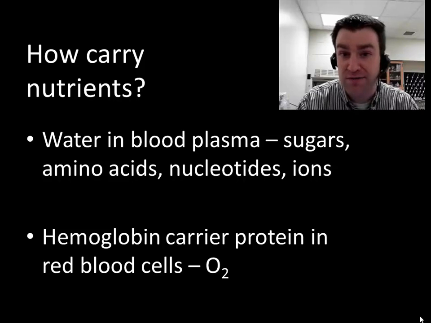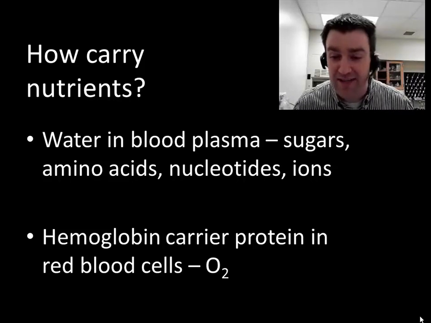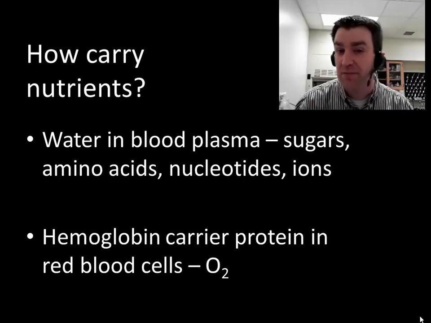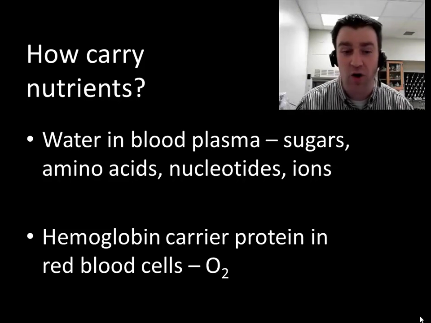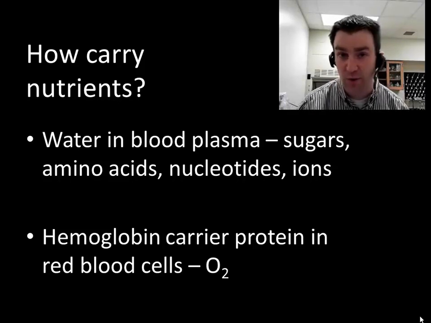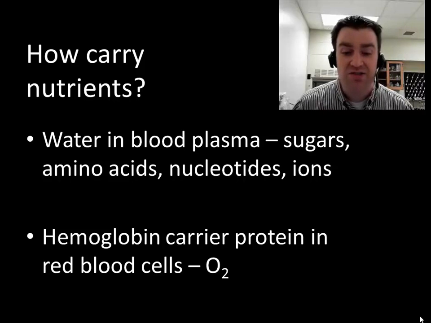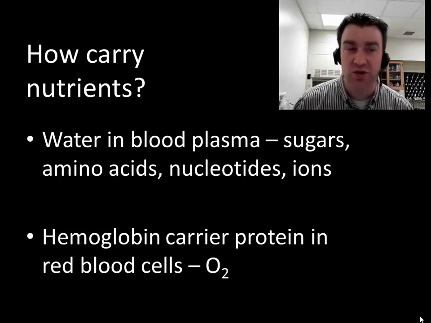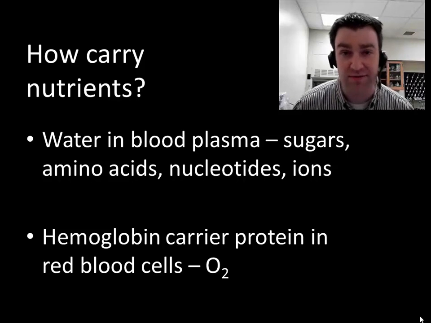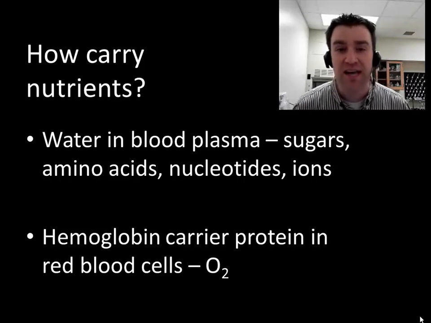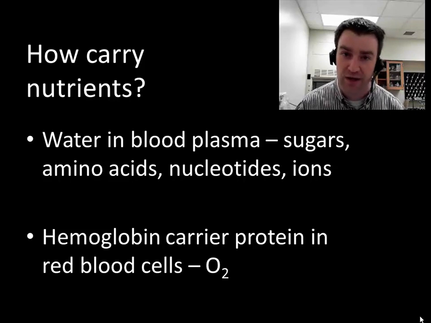All of the monomers, for the most part, are polar, except for fats. So things like simple sugars, amino acid monomers, nucleotide monomers, other ions, are all capable of being surrounded by water and carried by it. So the only reason we have red blood cells is that some nutrients like oxygen are non-polar. They don't dissolve very well in water. So we're going to need carrier proteins within the red blood cells.